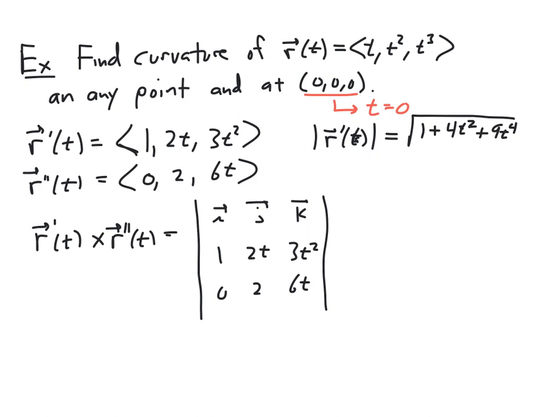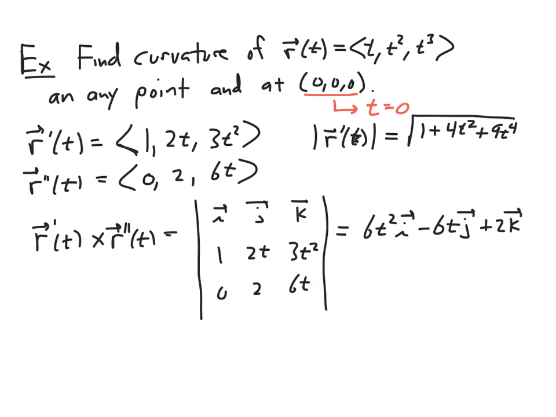And so if we go to compute this, we're going to get 12t squared minus 6t squared, so that'll be 6t squared times i, minus 6t j, and plus 2k.